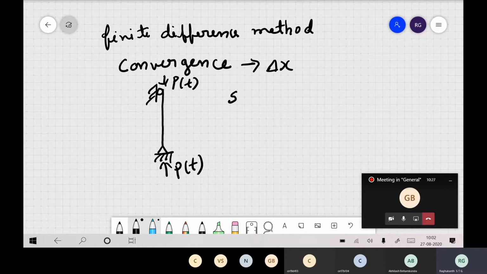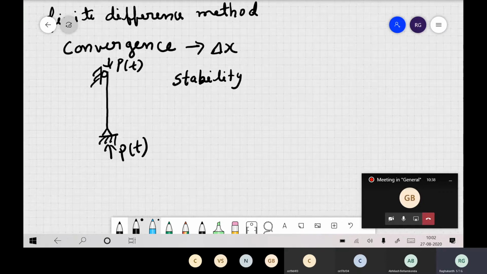When time also comes into picture, things become a little complex. Then you have to check for stability, like as t tends to infinity, the solution should not diverge, and all those issues come into picture. This portion we will see later on when we go towards dynamic loads. At a later stage we will see these things.